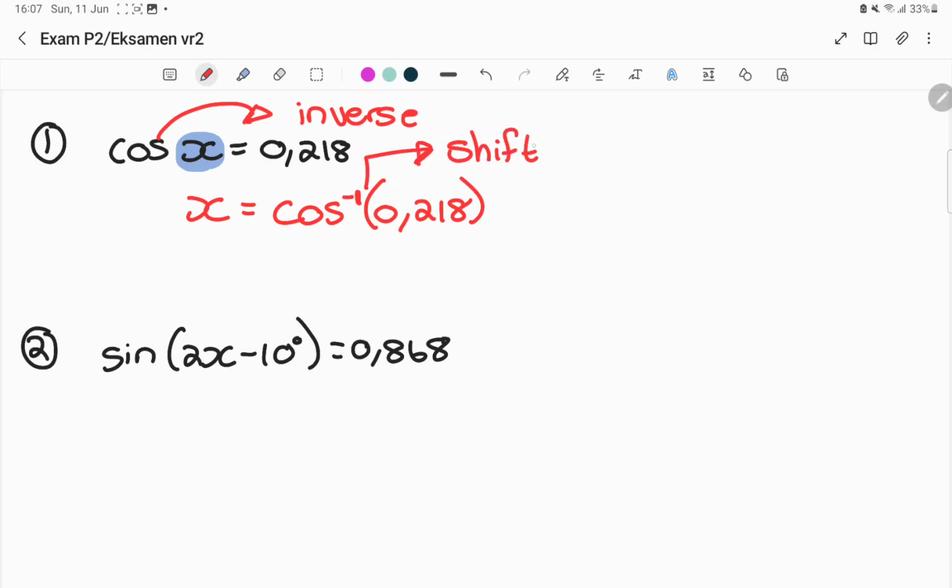Alright, your shift button is at the top left hand side. Then you're going to say cos, because we're busy with cos. Then you will see it will automatically give you cos -1 bracket. Then you put in your 0.218, close the bracket, and you will see that x is equal to 77,51 degrees if you round it off.